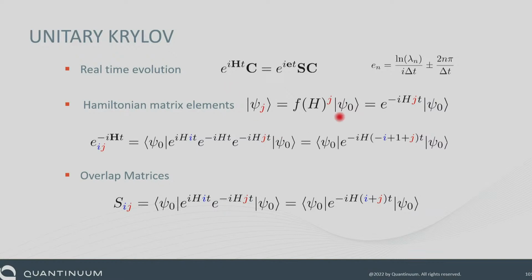The eigenvalues are related so that the lambda n's are related to the solutions of e to the iHt by this, and then are related to the eigenvalues of the original Hamiltonian by this equation.